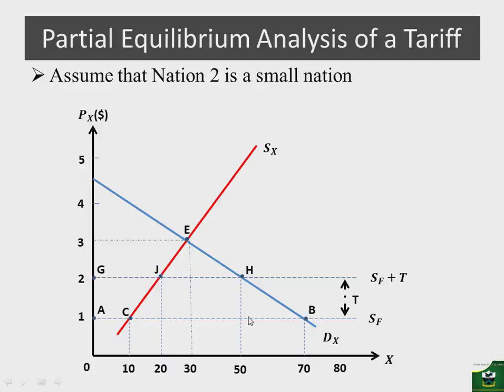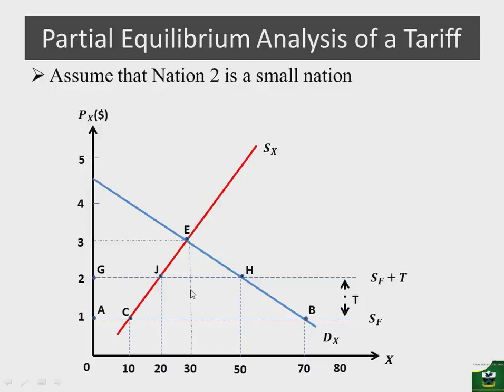Those who cannot do without imported commodities will move away from the product, and you will notice that there is a reduction in the number of people. Let's assume that demand is the number of people getting the commodity. Out of this, you will notice that the import has also reduced from 60 to 30, meaning imports have reduced by half.